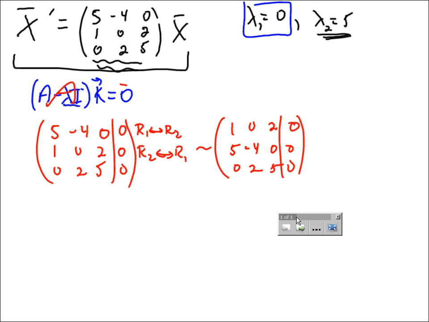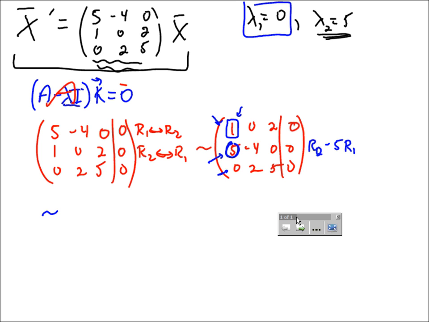Now I want what's below this 1 to be 0. I want what's above it to be 0 as well, but there is no above. Well, this is 5, and I can get that to be 0. I'll keep row 2 the same, and row 1 I'll multiply by 5. That's going to be a 5 and that's going to be a 5. To get 0, I'll subtract. That already is a 0.